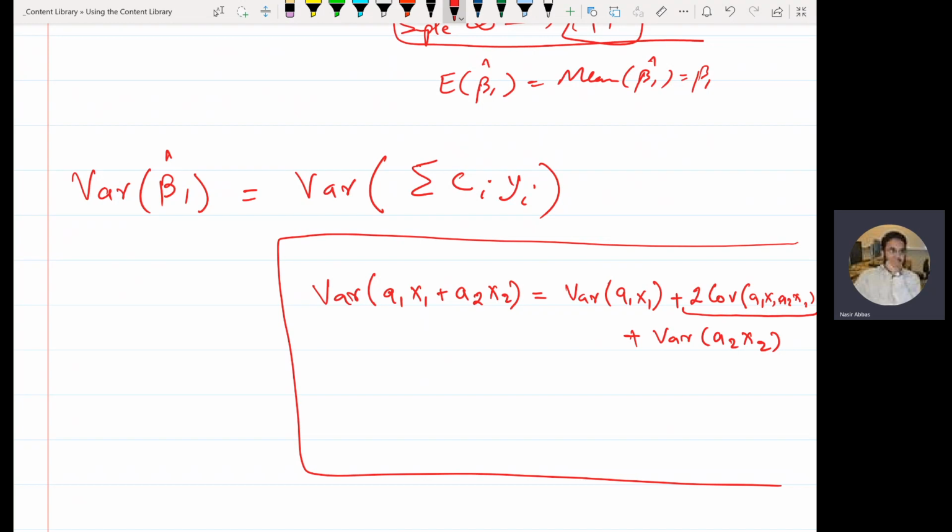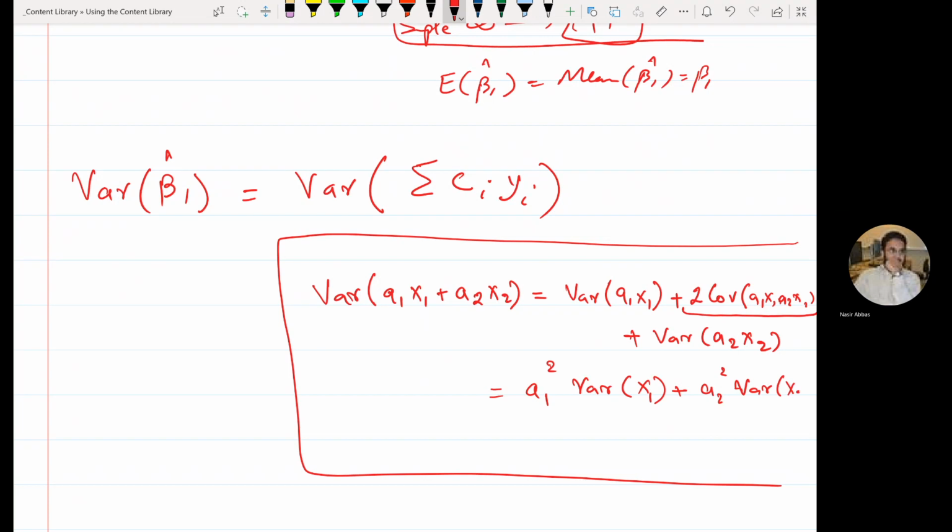Independent means no relationship, neither linear nor quadratic, no exponential, no type of relationship. So if they don't have a relationship, their covariance will be 0. So it will be just variance of A1 x1 plus variance of A2 x2. Another property, how do you take the constant out of the variance? Square. So this will be A1 squared times variance of x1 plus A2 squared times variance of x2, and this will go to 0.